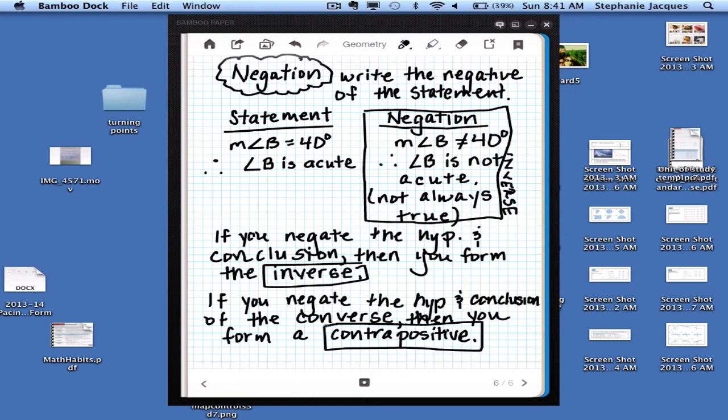So let me give you an example of a contrapositive. If you negate the hypothesis and the conclusion of the converse, and converse means that you switch the hypothesis and the conclusion.